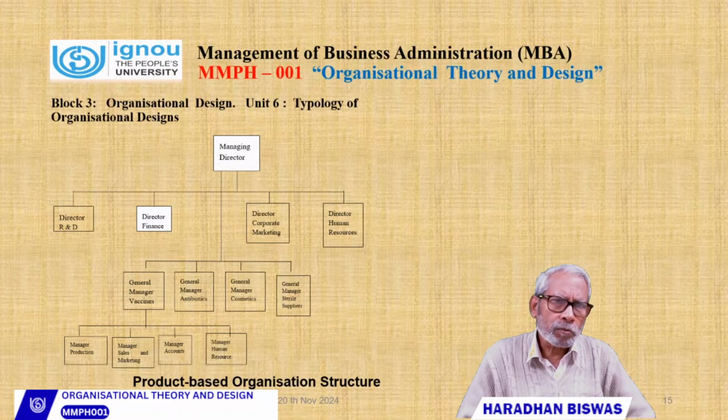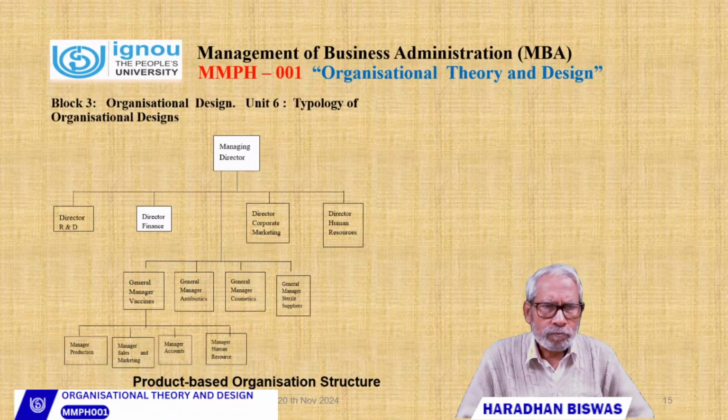What are the directives and the rules, regulations and policies? The decision-making process can be delegated downward, and at the same time, you can also report to the managing director.